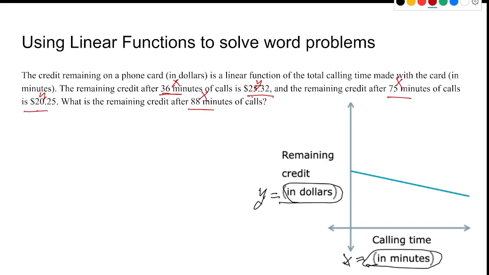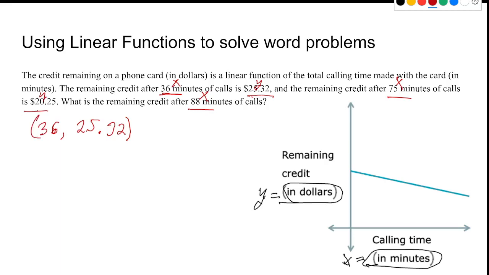So one way to approach this is to take these 2 points, 36, 25.32, and subtract them.